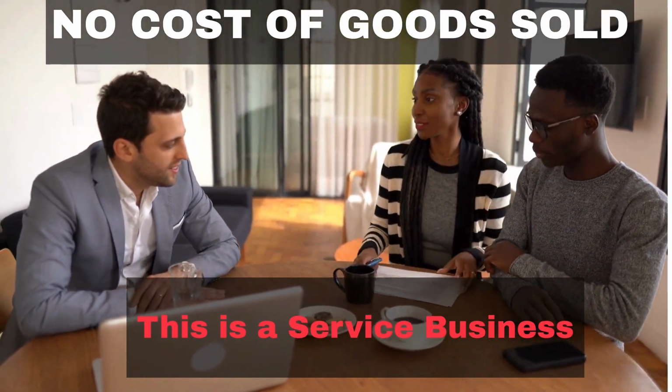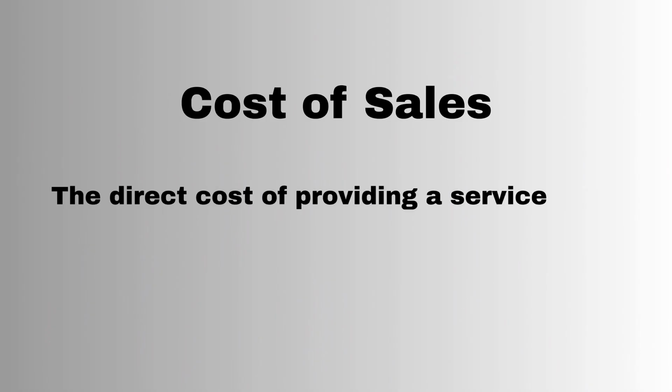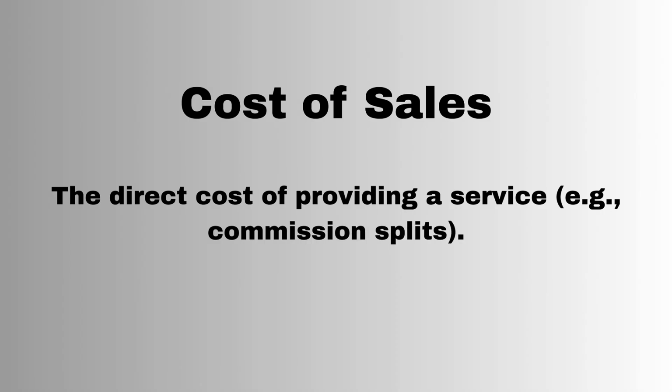For a brokerage, it's the commission split they pay out to their agents. Instead of cost of goods sold, a brokerage has a line item on their income statement called cost of sales or cost of revenue. It serves the same purpose, measuring the direct cost of generating that revenue.